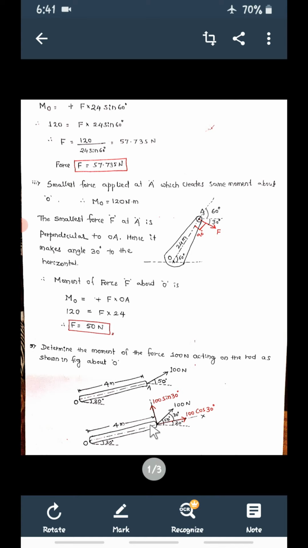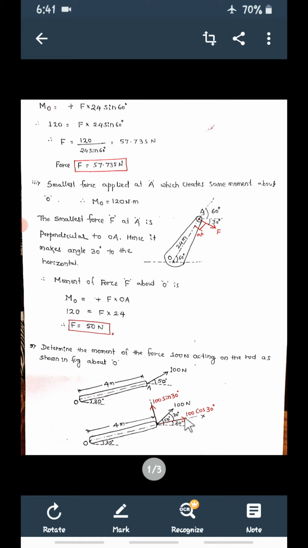The 100 Newton force can be resolved along the x-axis and along the y-axis. If this is 100 and this angle is 30°, then the component along the x-axis is 100 cos 30.